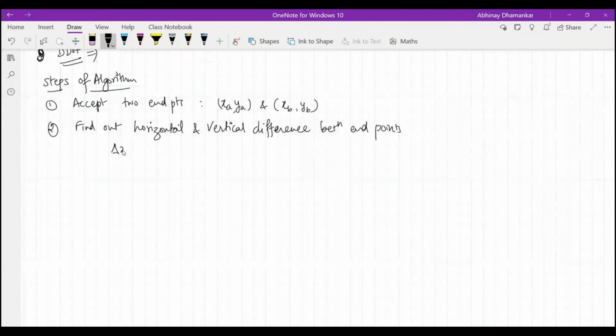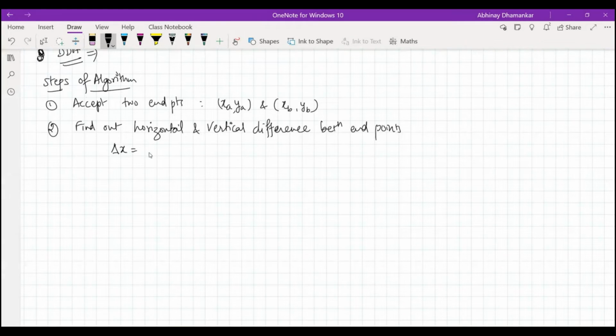Here we can say delta x or dx, one and the same thing, is xb minus xa, and delta y or dy is yb minus ya.